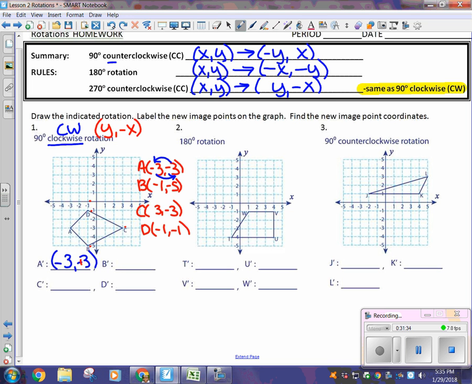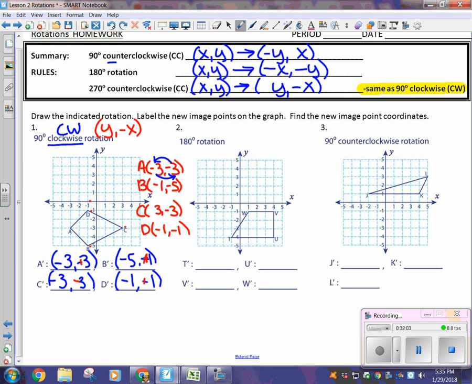So now it's -3, +3. All right, for B. All right, -5 to the front, -1 to the back. Second one goes opposite. Okay, so that's a positive. It's a +1. Okay. C prime, -3 goes to the front, +3 goes to the back. But then what happens? The second one goes opposite. And D is -1, -1, even though they really don't look different. The second one goes opposite.